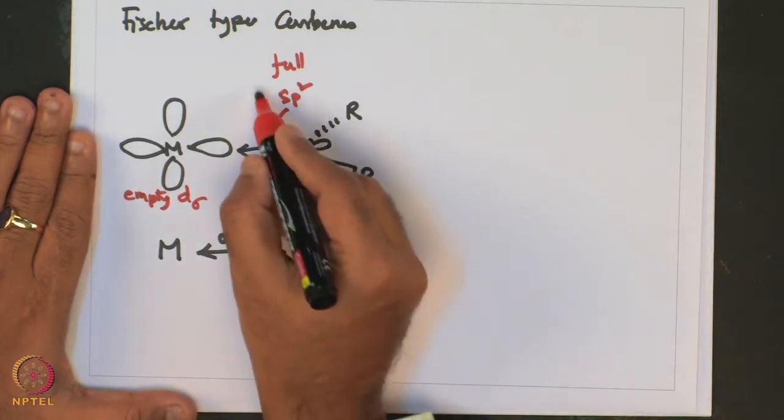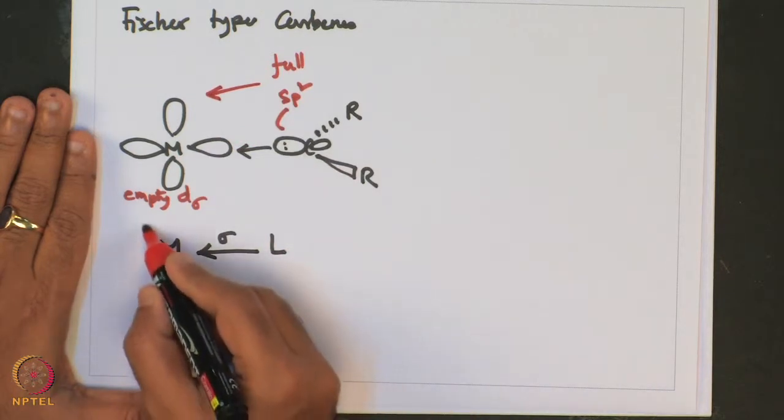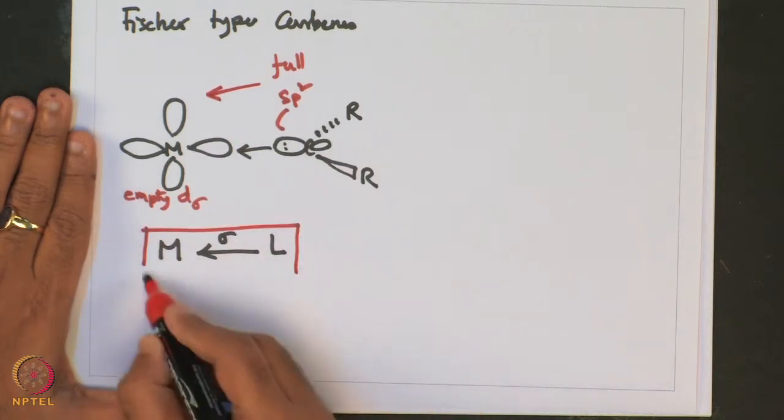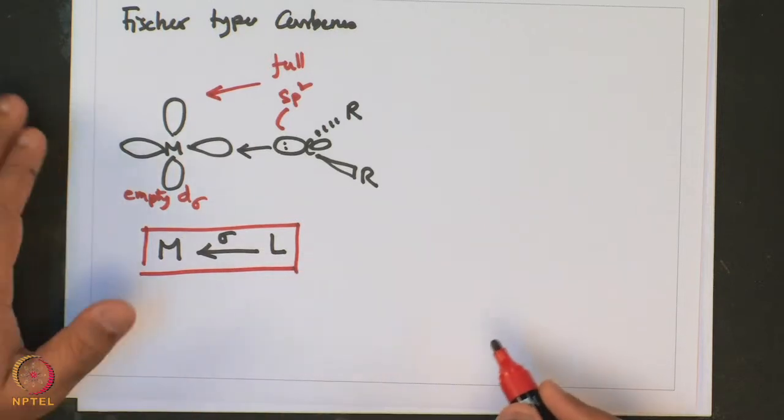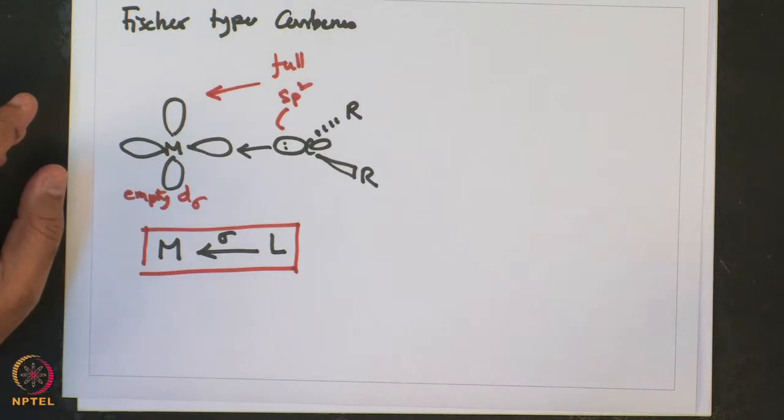So, this is a donation from full to empty, and this is appropriately designated as the metal ligand sigma interacting orbital.